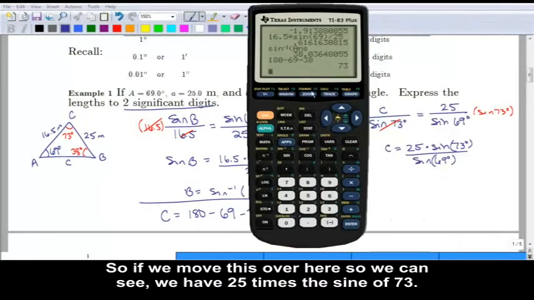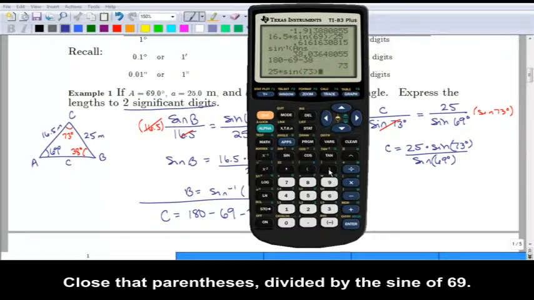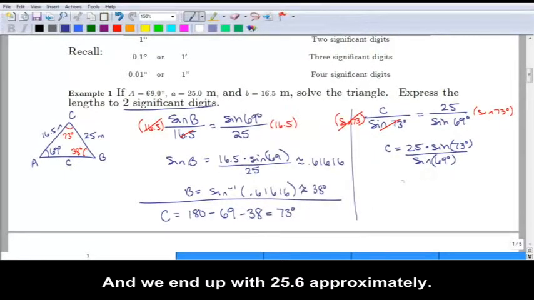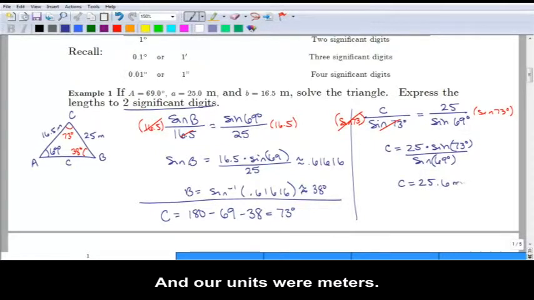So if we move this over here so we can see, we have 25 times the sine of 73, close that parentheses, divided by the sine of 69, close that parentheses, and we end up with 25.6 approximately, and our units were meters.